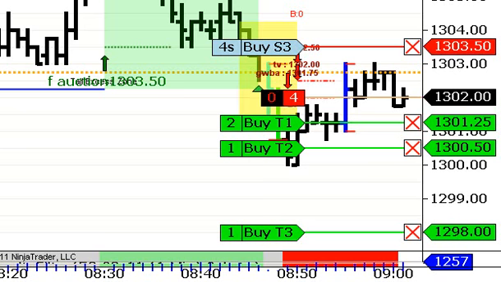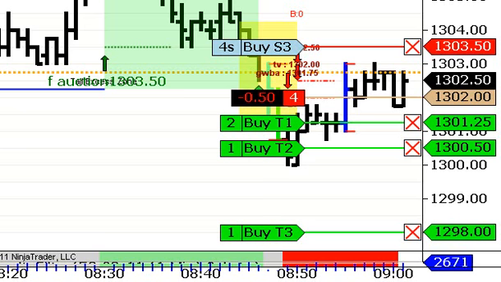So it's just basically been hovering around our position. It has moved against us a point. It did reach up to 1303. Of course, 1303.50 is our stop, so that's why we were not stopped out. So hopefully the market can attract some selling in here, which is what we're anticipating.